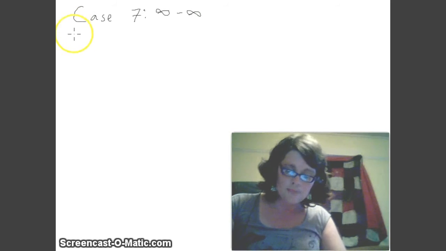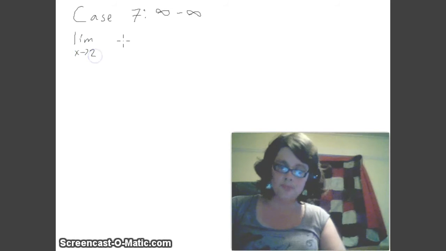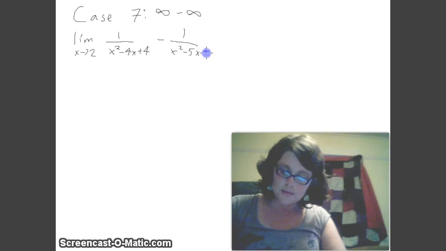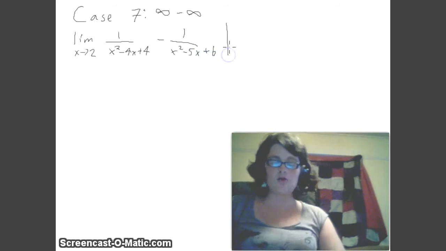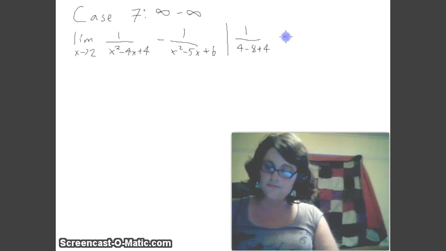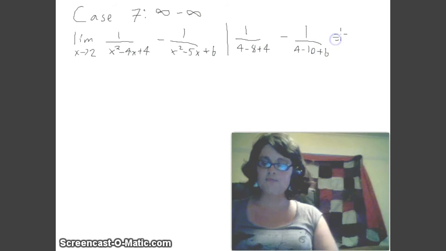So the example is the limit as x goes to 2 of 1 over x squared minus 4x plus 4 minus 1 over x squared minus 5x plus 6. Of course, we're going to start by plugging in 2. 2 squared is 4. 4 times 2 is 8, plus 4, minus 1 over 2 squared is 4. 5 times 2 is 10, plus 6.